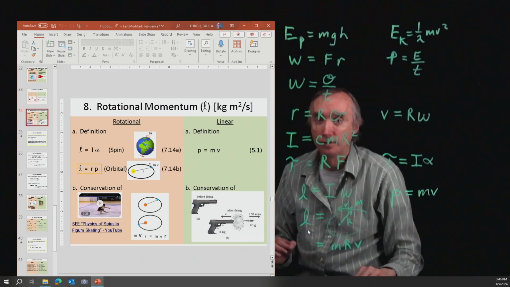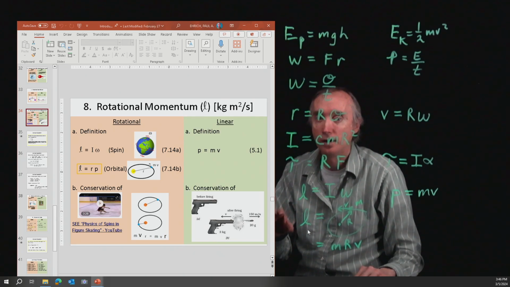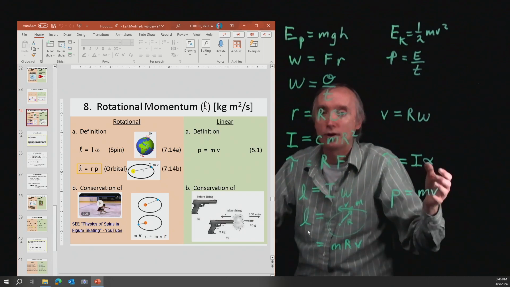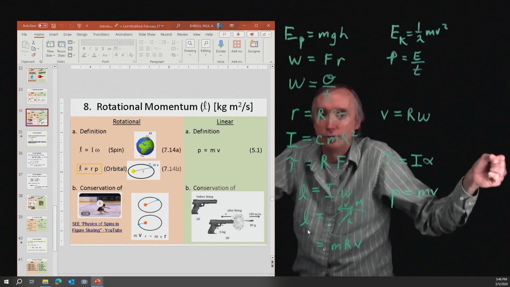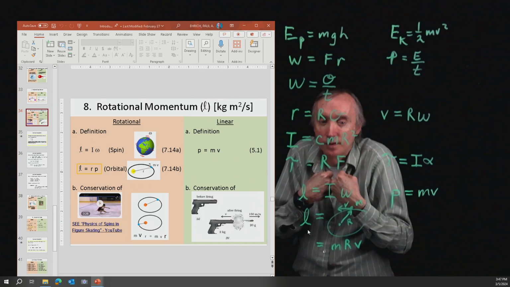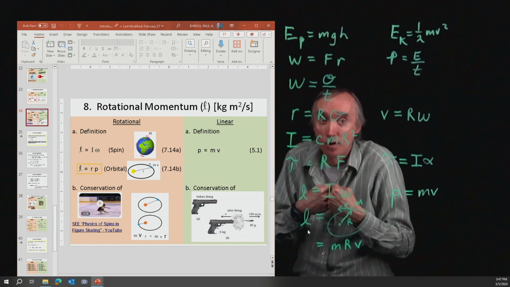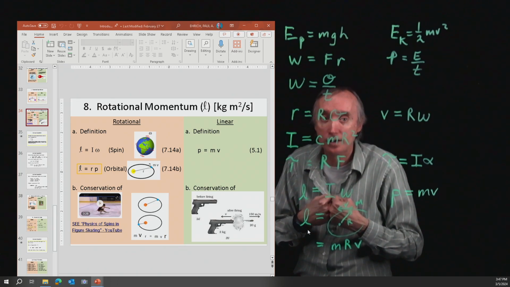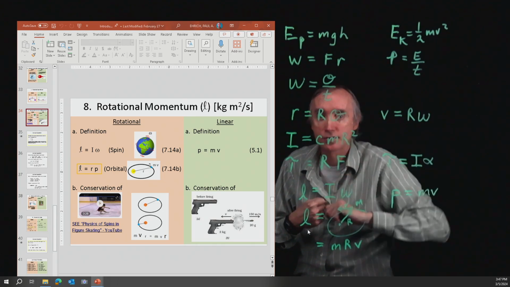And what I want you to see is that if momentum is conserved, so conservation of momentum, then if you're an ice skater and you bring in your arms, your r is getting smaller, so the v gets bigger in order to compensate, and you spin faster.